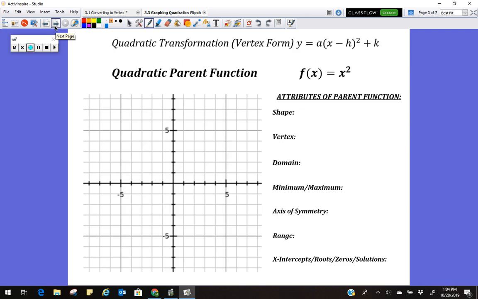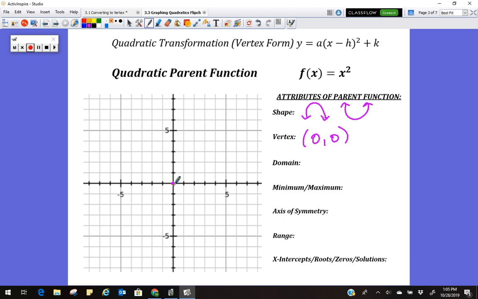Alright, so let's talk about graphing specifically. When you are graphing quadratic functions, that means it's something squared. The shape will either be a parabola opening down or a parabola opening up. The vertex is always at 0, 0 if it is the parent function.